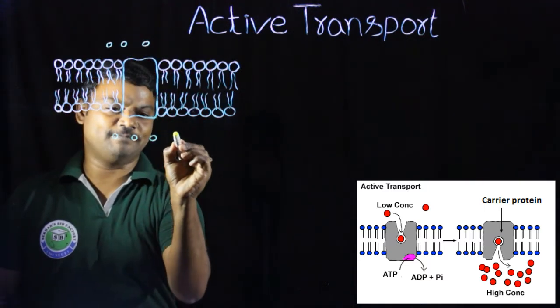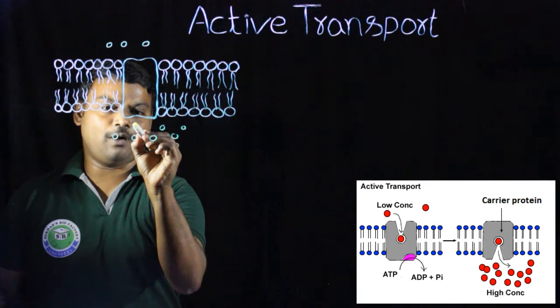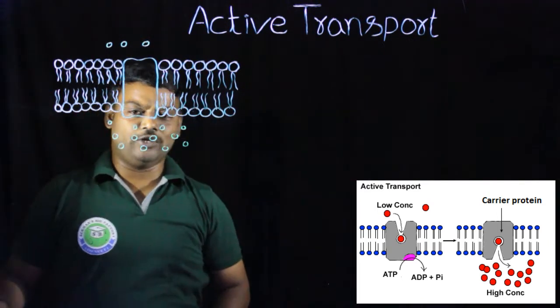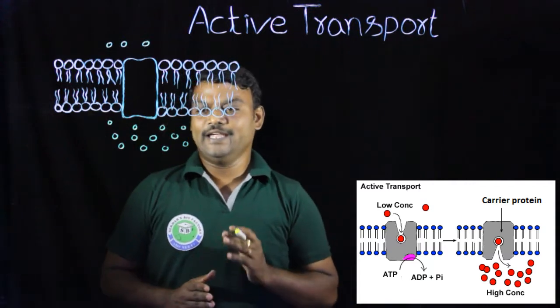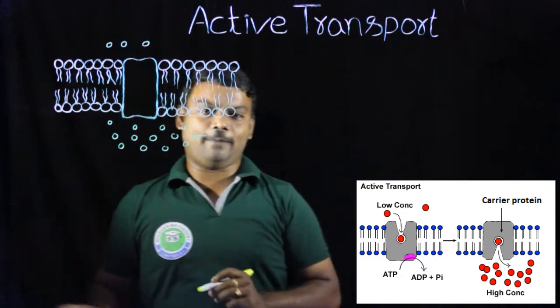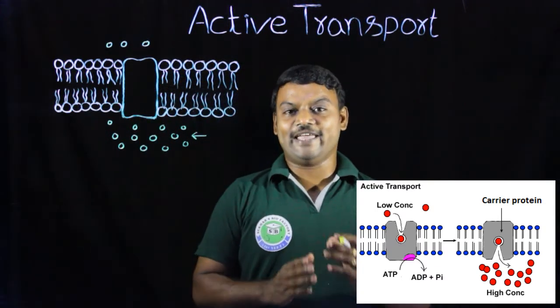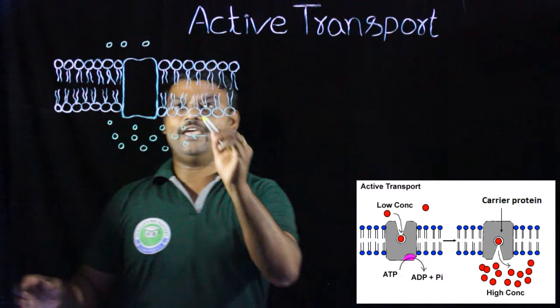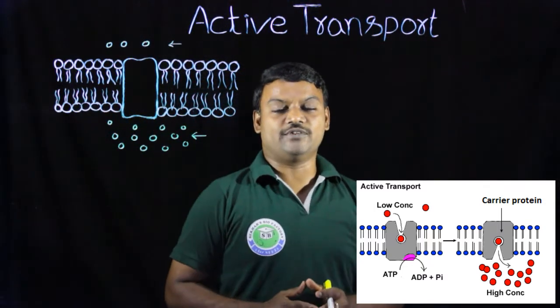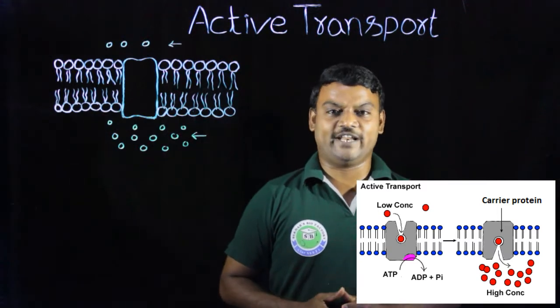When we observe the number of molecules on both sides, on the inner side of the plasma membrane more molecules are present. It indicates a higher concentration. In a similar way, outside of the plasma membrane there are fewer molecules. It indicates a lower concentration.